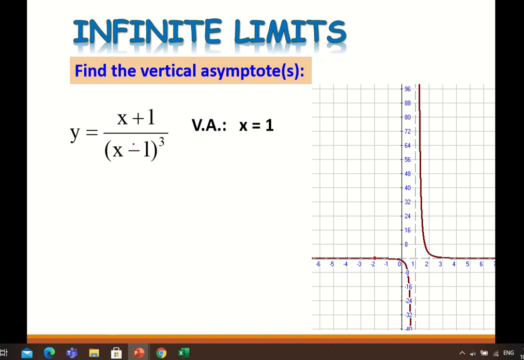So 1 minus 1, that becomes 0. 0 raised to the power 3, that is still 0. So you have x plus 1, your x is 1, so 1 plus 1 is 2. 2 divided by 0. Okay, so that makes it undefined. So that value that makes the function undefined is the vertical asymptote. So in this case, we have the vertical asymptote x equal to 1.